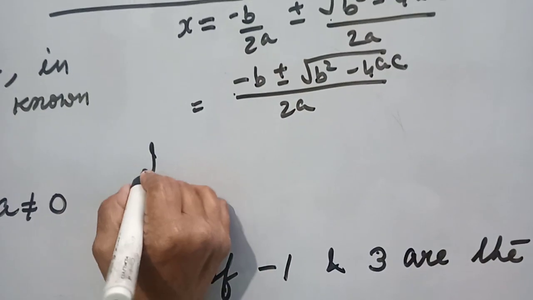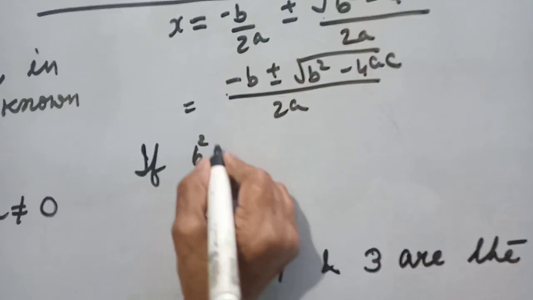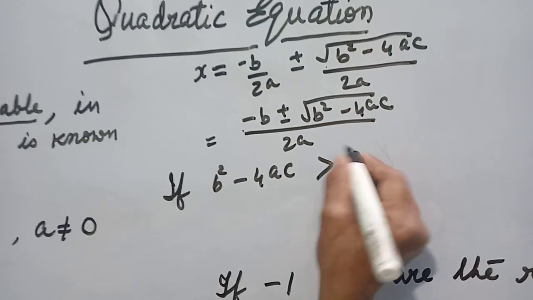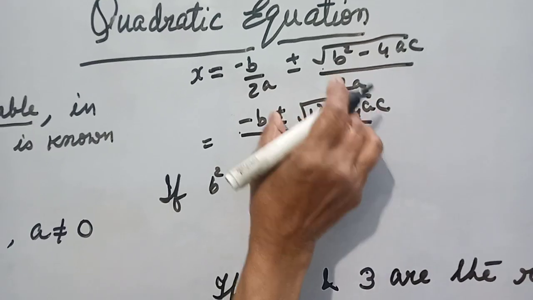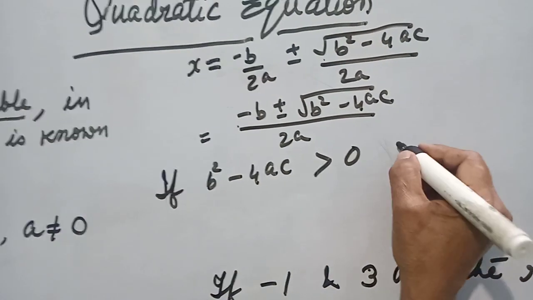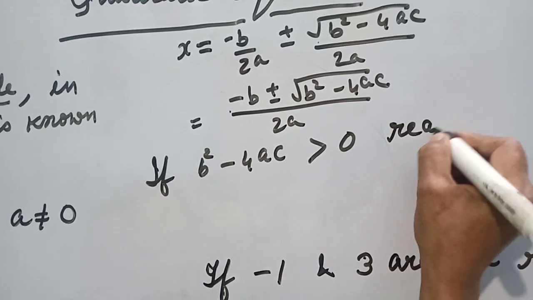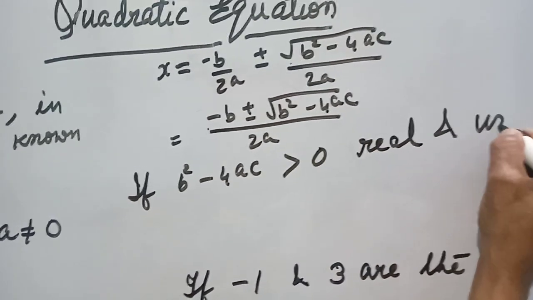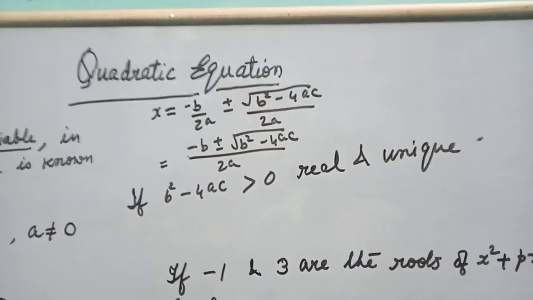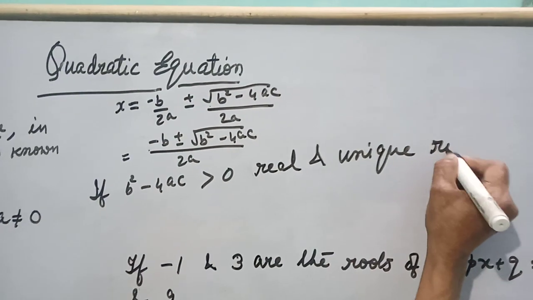If b square minus 4ac is greater than 0, then only you can factorize it and find the answer. So then you will get real and unique roots of the equation.